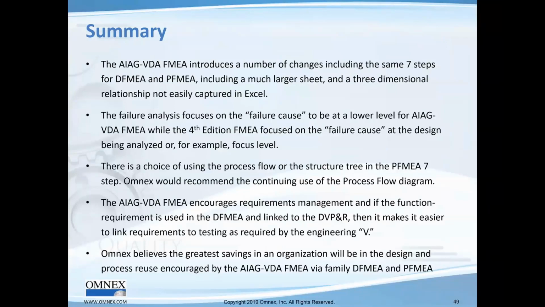And then AIAG VDA encourages requirements management. Out of this, you've got to do requirements management. And if the function requirement is used in the DFMEA and linked to the DVP&R, you get your engineering V. Last point here, if you want to show ROI, to be able to buy the software and do all the training you need to do, it is the idea of process reuse and design reuse.